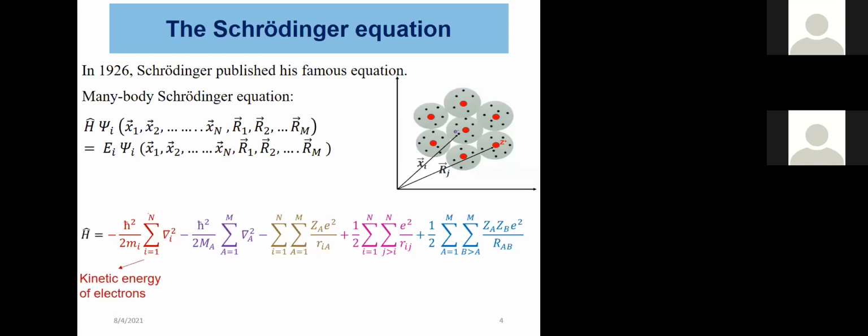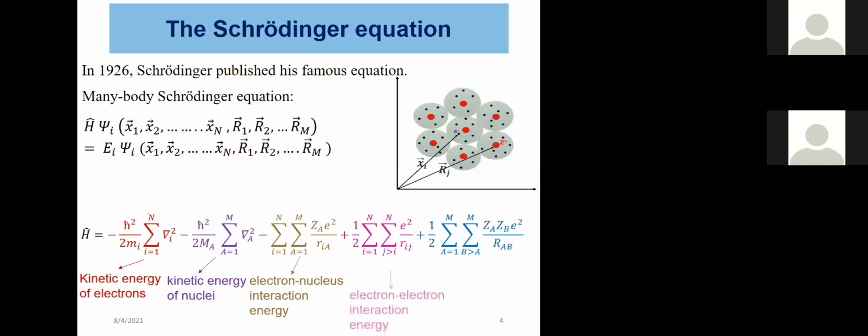The first term in the Schrodinger equation is the kinetic energy of electrons. Since electrons are moving in a material, they have kinetic energy. Then we have the kinetic energy of all the nuclei. Then the electron interacts with the nucleus, which contributes an electron-nucleus interaction energy term.